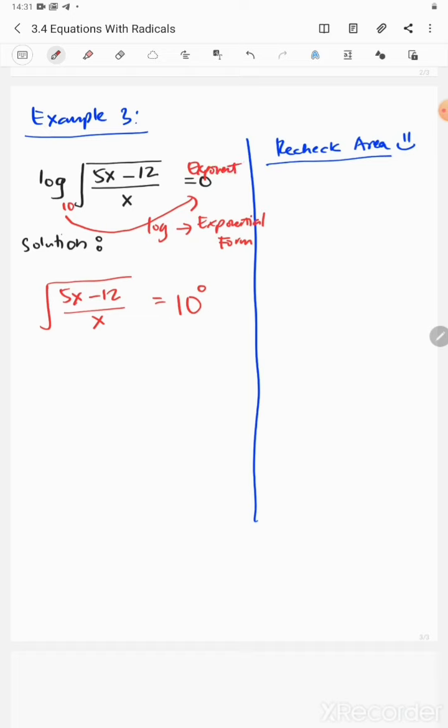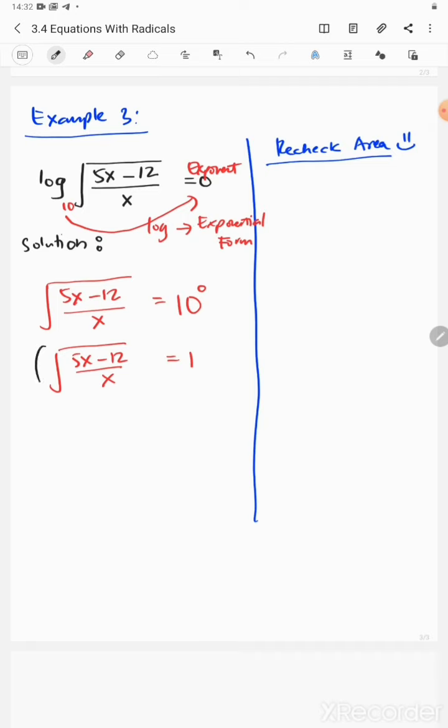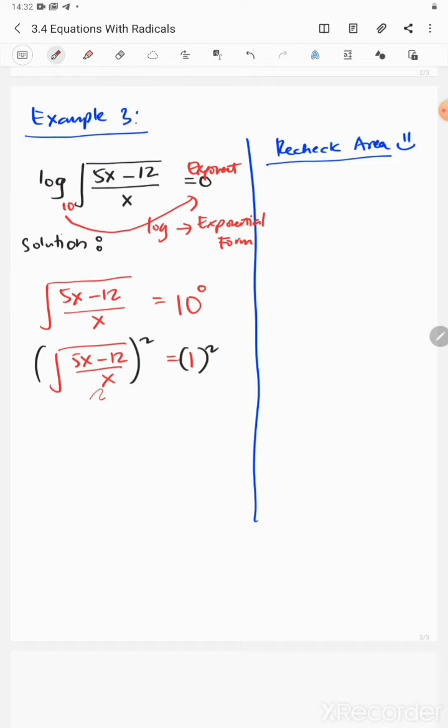So now to solve this, 10 to the power of 0, we get 1. Now square both sides. Why do we square? Because we have a square root. So we get here, the radical sign is gone, so it will be 5x minus 12 over x equal to 1.